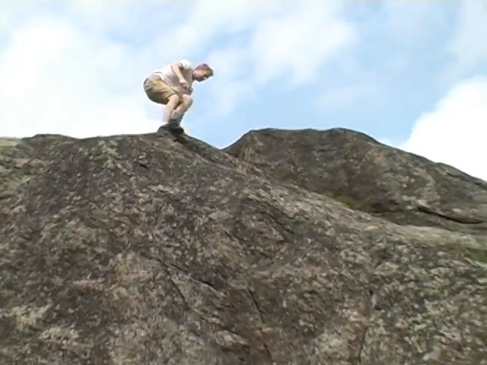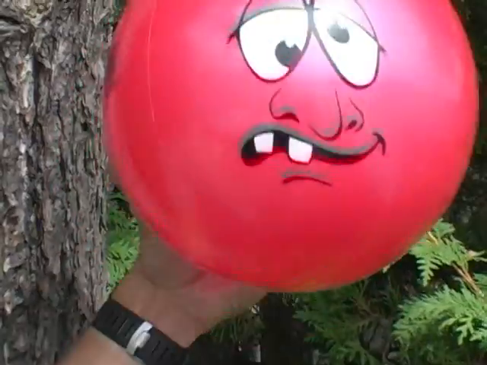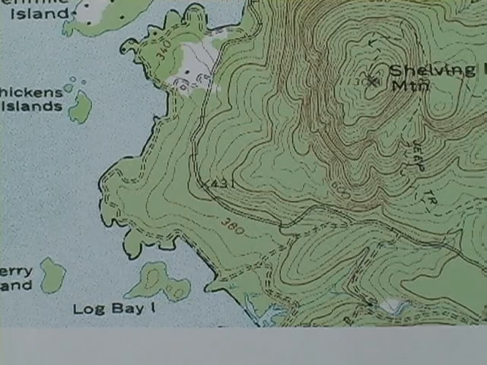Ah, the batteries are dead. Or I could just find the contour interval and count the lines.